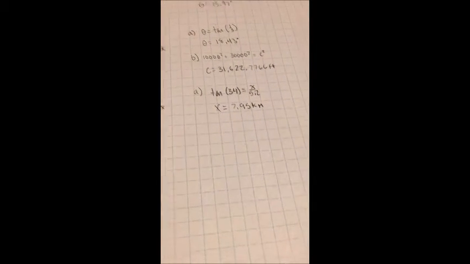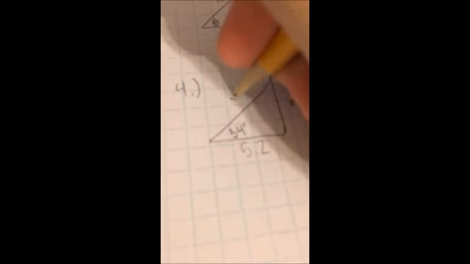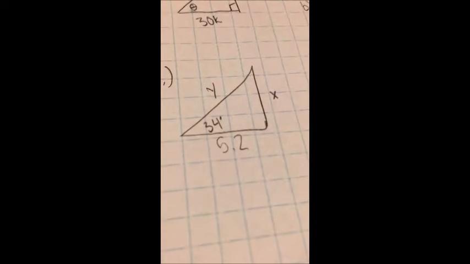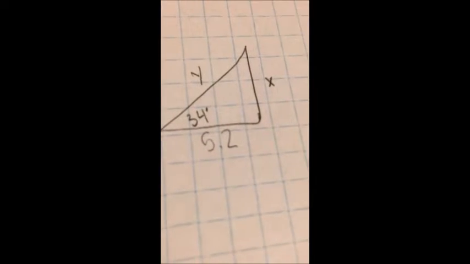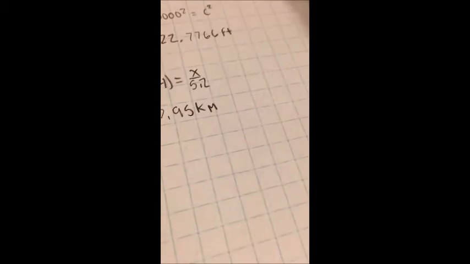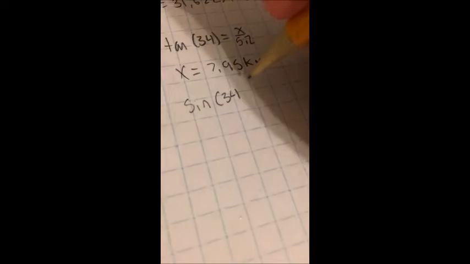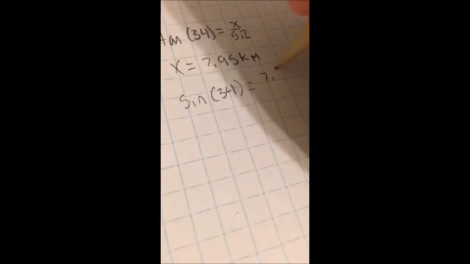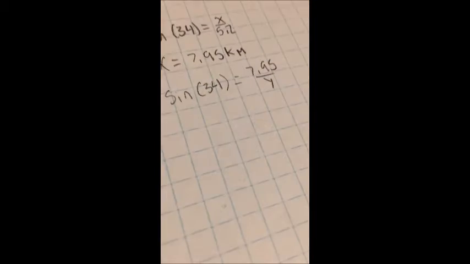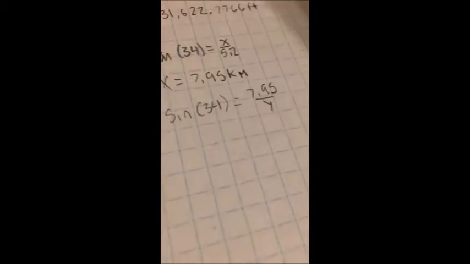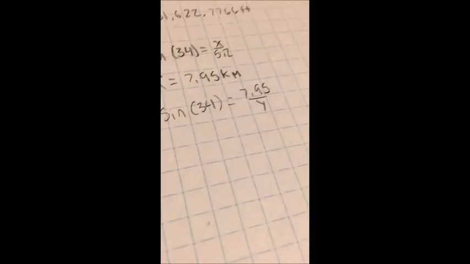Part B is asking how far the missile is from the observer. This is our hypotenuse. To find it, we have to use sine, because now that we have this side over here, we can use it. We can use opposite and hypotenuse. So you would write this out as sine of 34 equals 7.95 over y. Once again, you have to solve algebraically, and this is one extra step because of the nature of the problem.